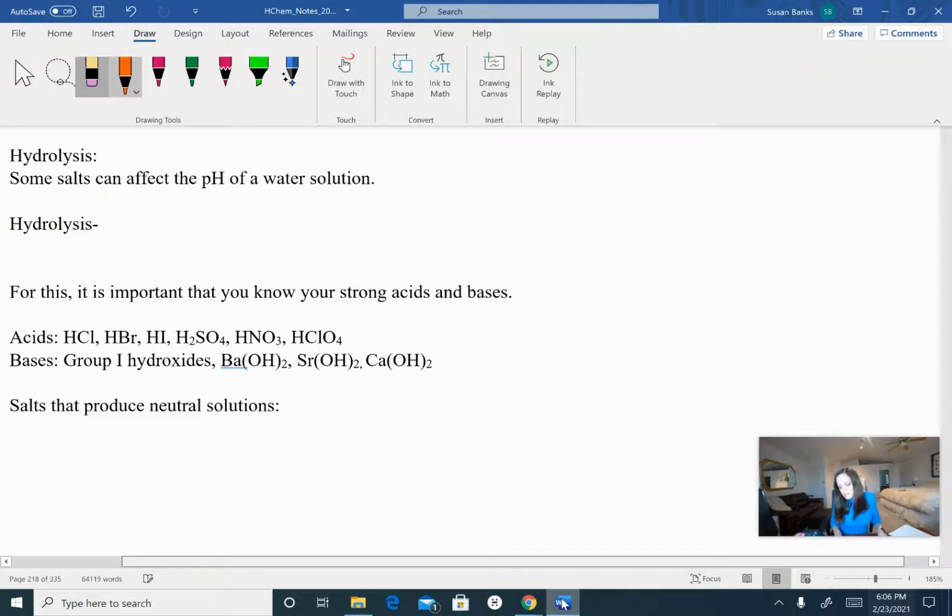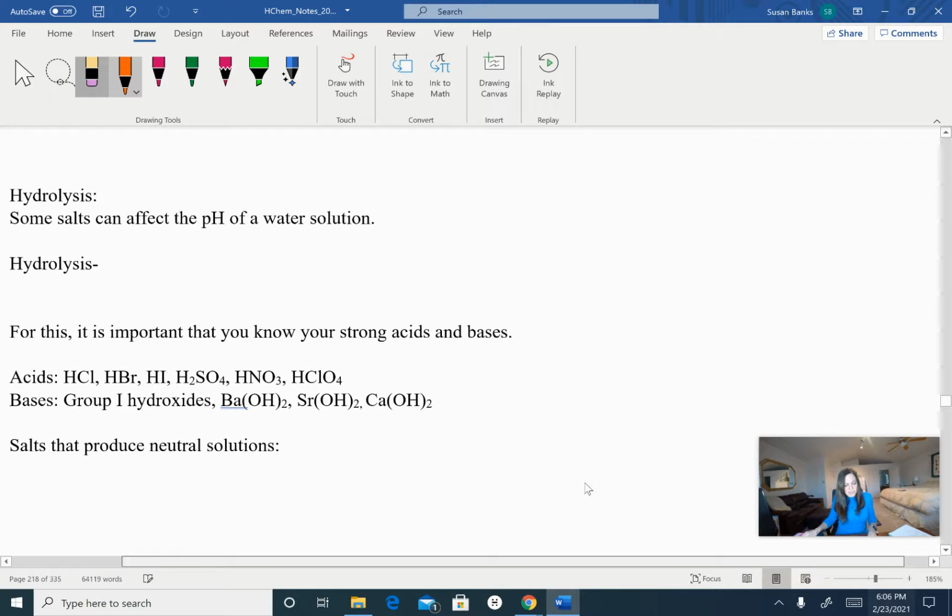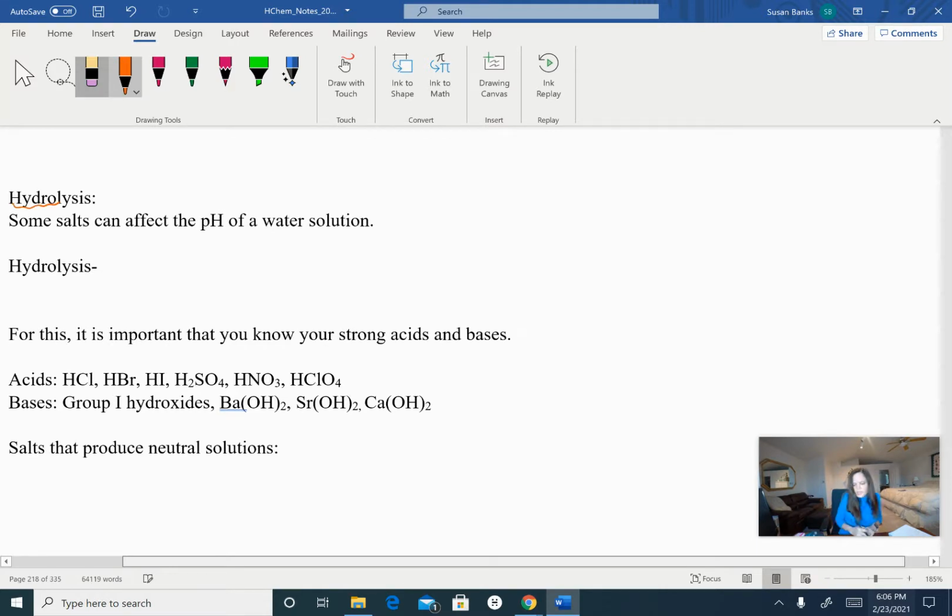All right, Honors Chem, today we are going to talk about hydrolysis. And we probably don't really have an idea of what hydrolysis means. So let's break down this word. In Greek, what does hydro mean? Do you remember? It means water.